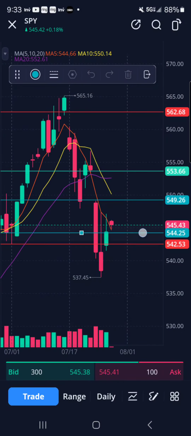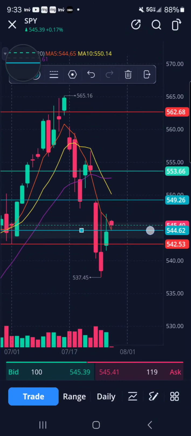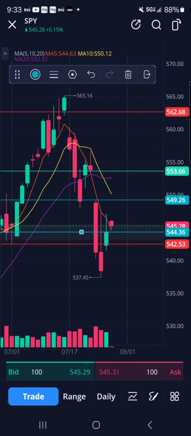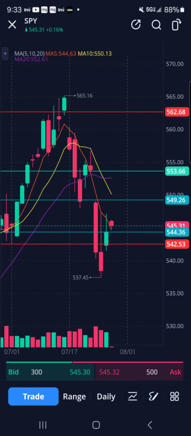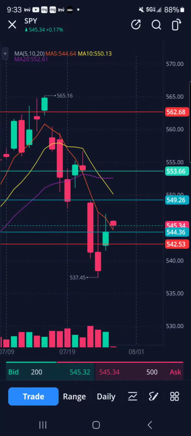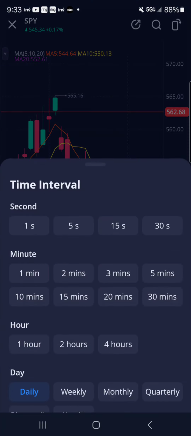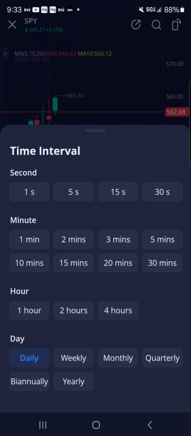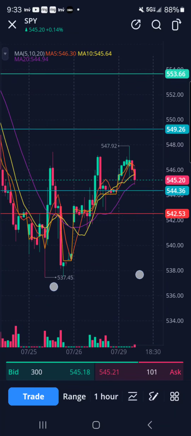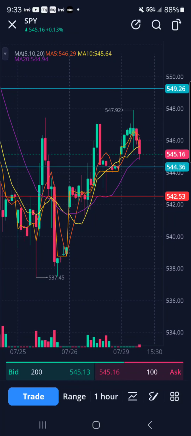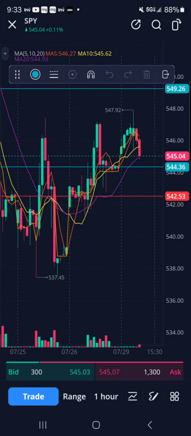So here we're seeing what you call a wick fail bounce or inside bar. This is actually a bullish setup. So let's break it down some more. Let's go on the hourly. Okay, so we have the inside bar on the daily.